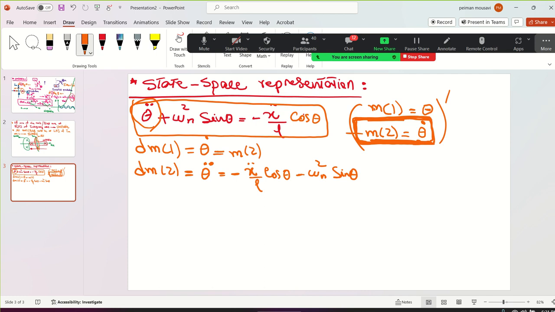Right? Everybody? So what is theta based on the state variables? You tell me. Based on this box, yes: minus x double dot over L cosine M1, minus omega n squared sine M1. I'm going to write exactly this in MATLAB encoding.